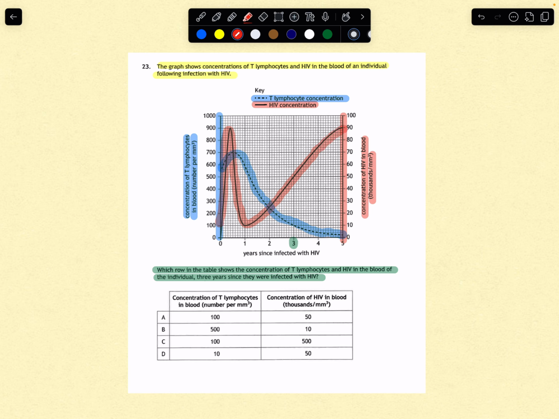Right, so at this point, make sure that whenever you are reading from the HIV concentration, you're only dealing with the red. The blue parts simply do not exist. And vice versa, if you're reading for T lymphocyte concentration, you're only dealing with the blue.